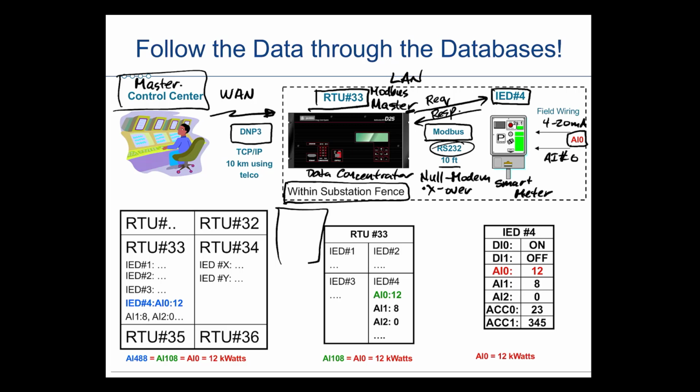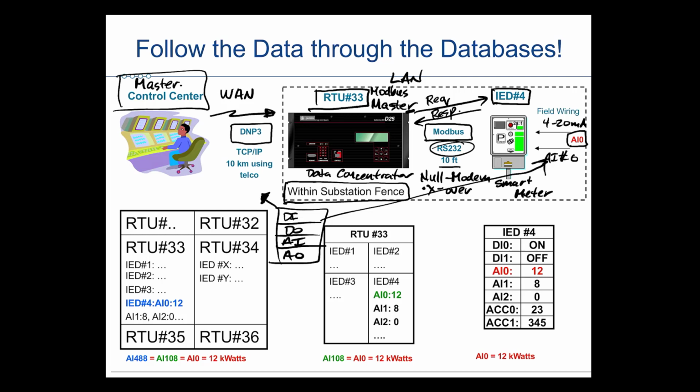So now I've got that data map here with DIs, DOs, AIs, which is coming from here, and AOs, leaving counters, accumulators out for now. It's concentrating all in one database that now becomes the server database to the wide area network.